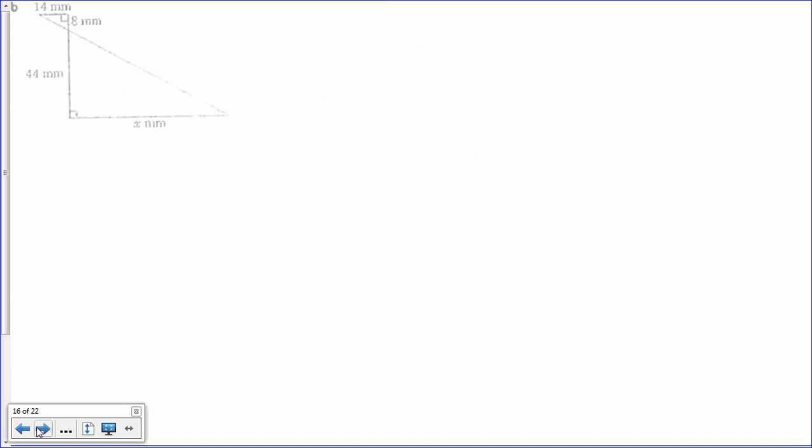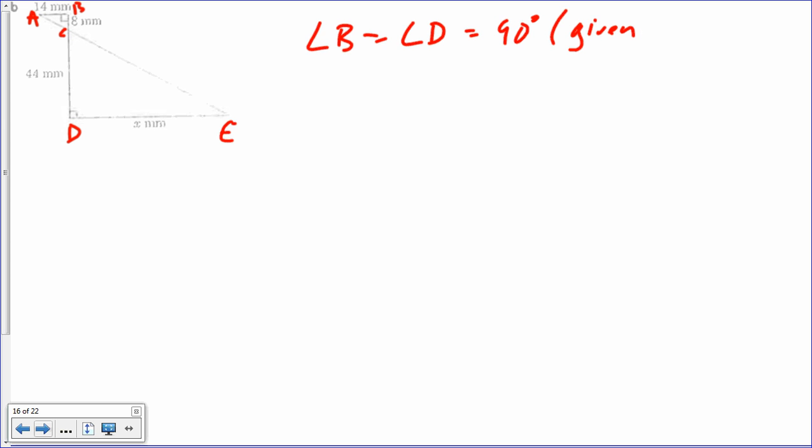Question 2b. That's all we need to find. The first thing that hits me there is, again, I'm going to label my triangle A, B, C, D, E. Angle B equals angle D equals 90 degrees. That's given.